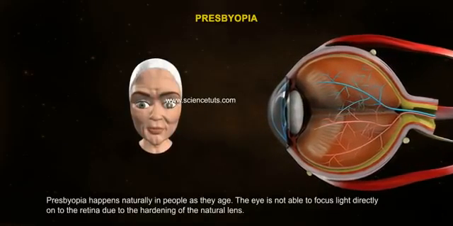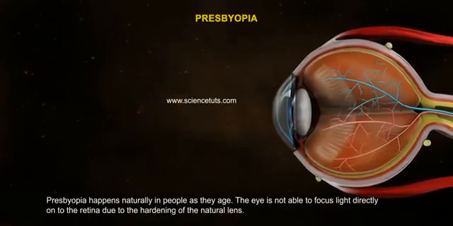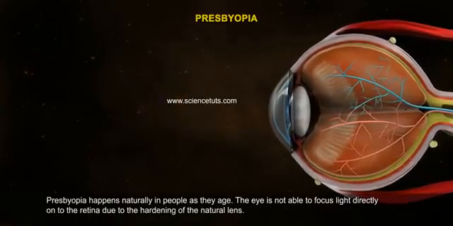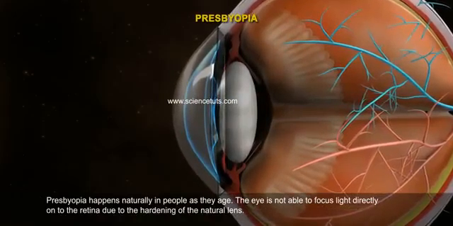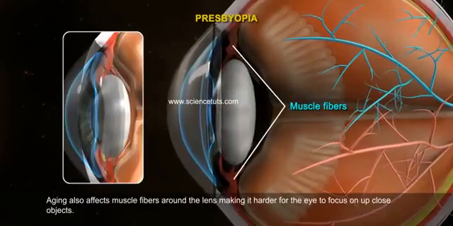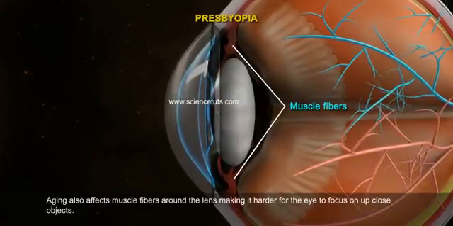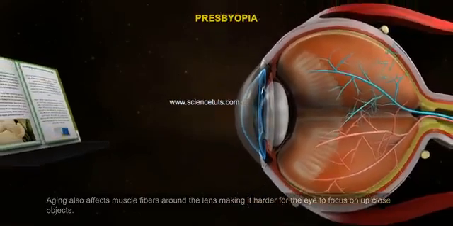Presbyopia happens naturally in people as they age. The eye is not able to focus light directly onto the retina due to the hardening of natural lens. Aging also affects muscle fibers around the lens, making it harder for the eye to focus on up-close objects.